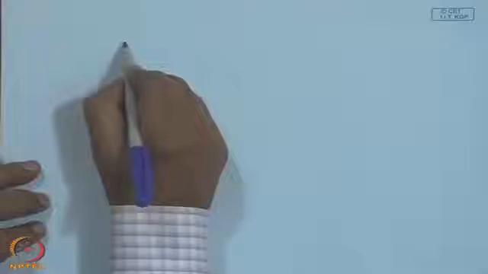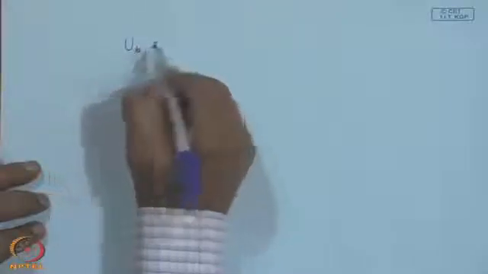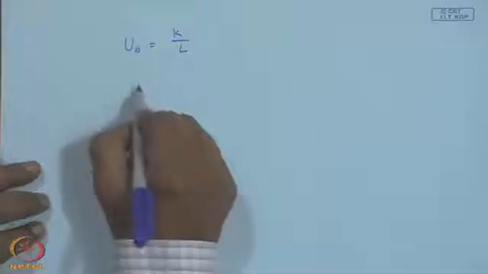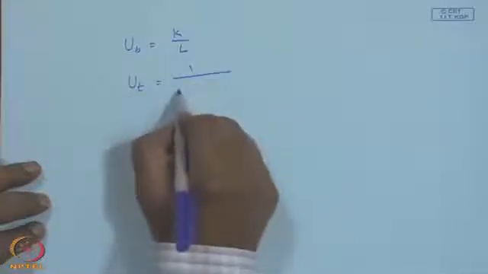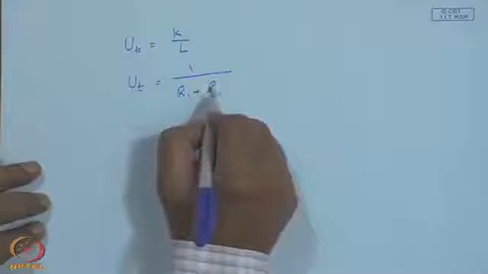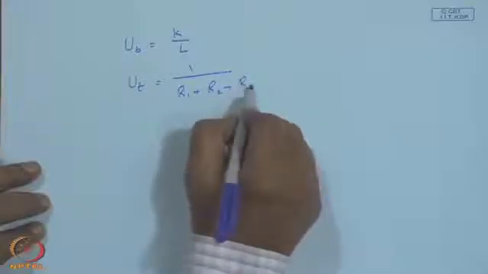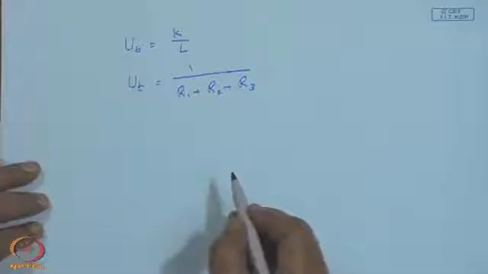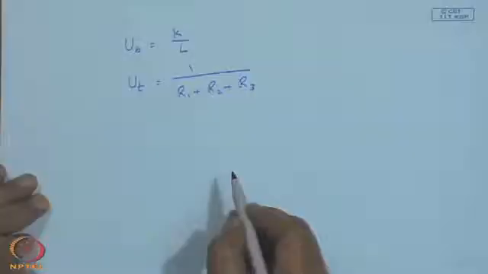and we found out Ub is equal to K upon L, and Ut is 1 upon R1 plus R2 plus R3, where the resistances R1, R2, R3 are the convection plus radiation resistances between the plate and the cover 1, and between cover 1 and cover 2, and cover 2 to ambient.